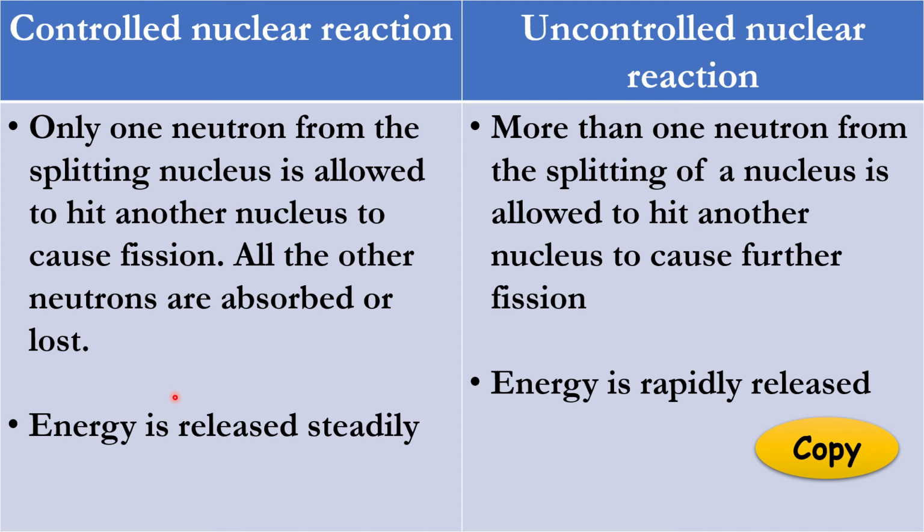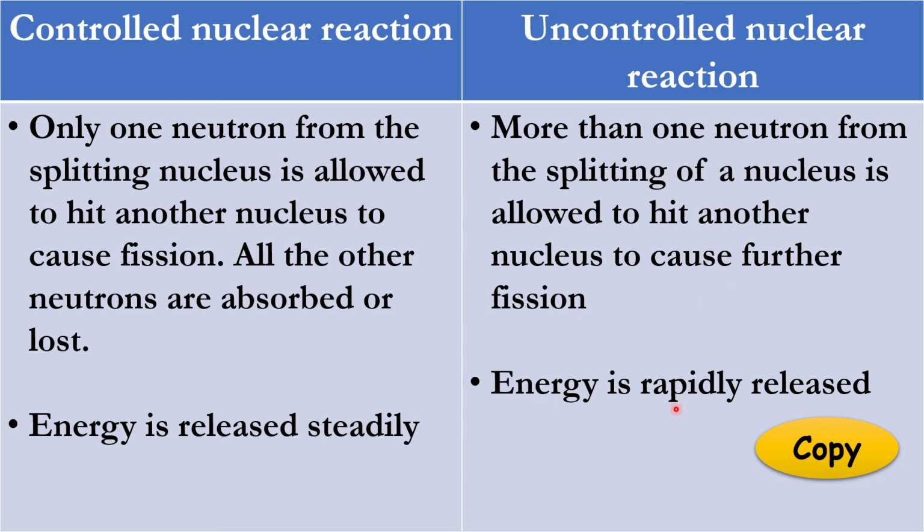If we compare in terms of energy output for a controlled nuclear reaction, it's very steady, so it's steadily provided. For the uncontrolled nuclear reaction, we need more than 1 neutron. We need lots, usually 3. Splitting of the nucleus allowed to hit other nucleus to form further fission.